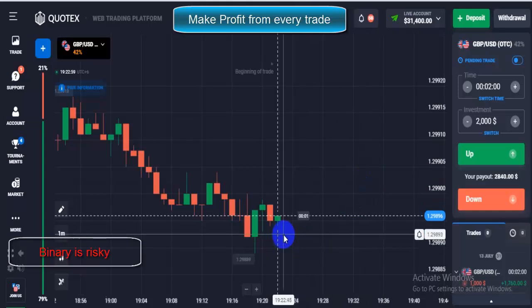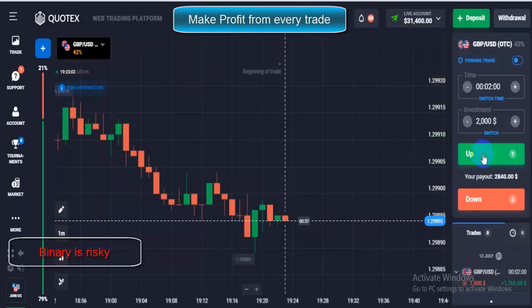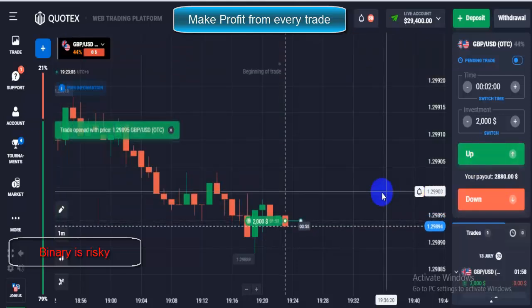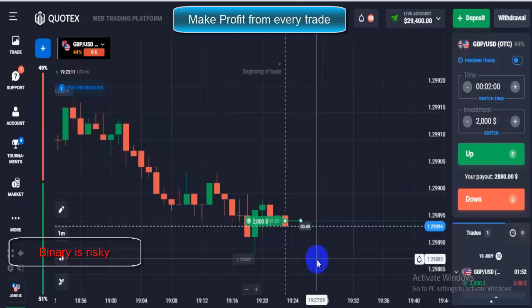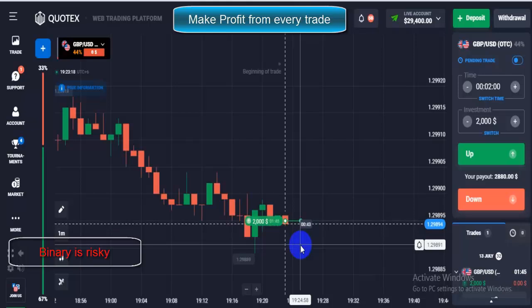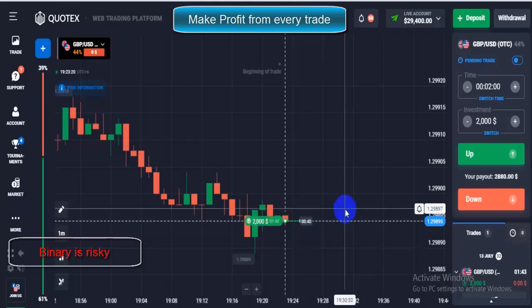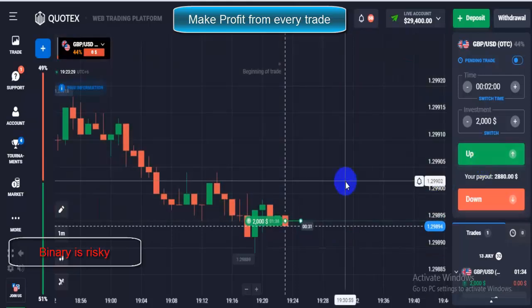So I think I get a position in this place, and I take an entry from here. Now I am waiting for profit, and I know this market goes up, and that's why I take it from this place. Another entry, I am just waiting for the next entry.